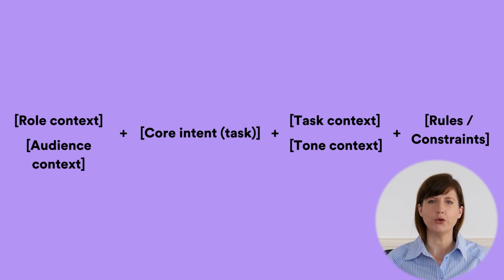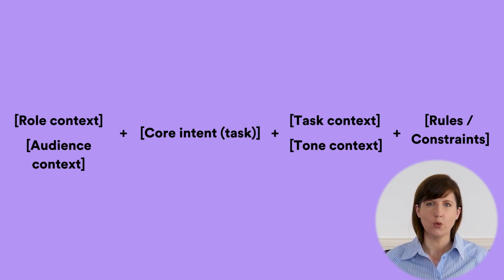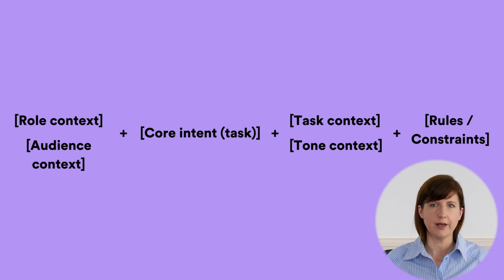Optionally, you can also introduce the intended audience for your task. Lastly, we mentioned that you can share additional content by attaching documents to your conversation or by including the text as input data directly in the chat.